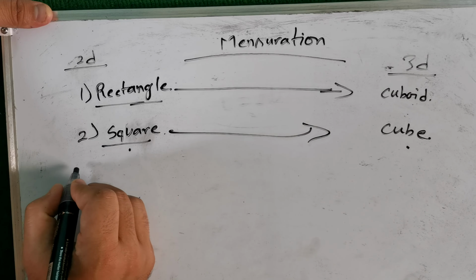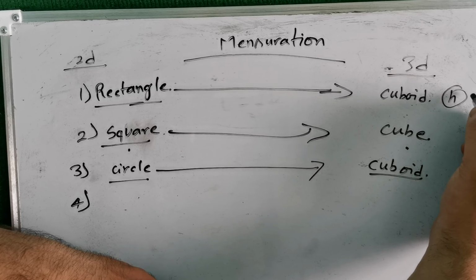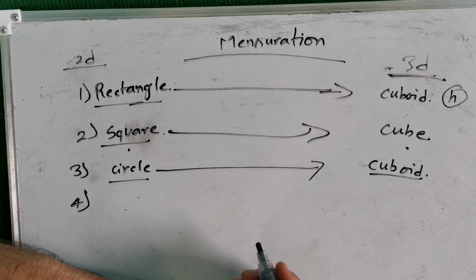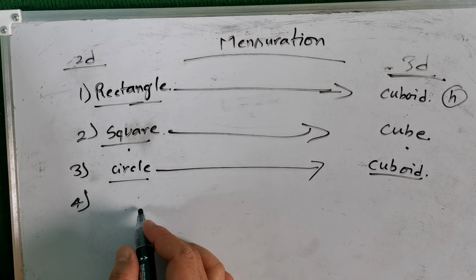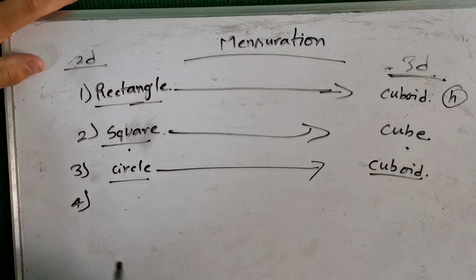If there is height, then there is always a 3D version. The circle has another 3D version, that is cone. So circle has two versions of 3D: one is cuboid, another one is cone.